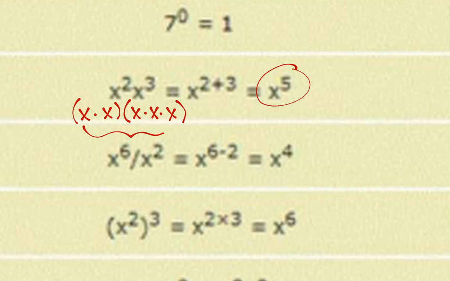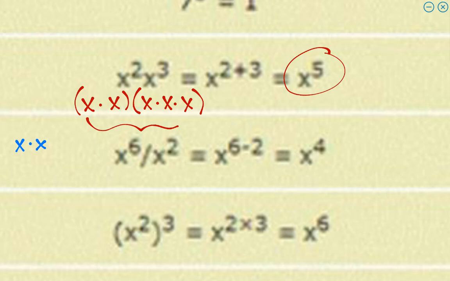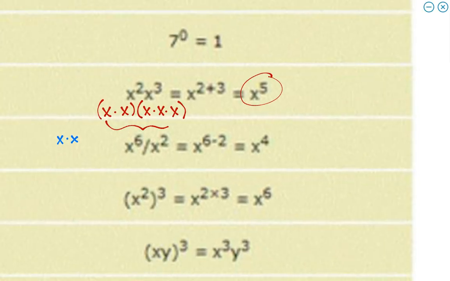In a similar way, you can think about the division. x to the 6, well, you would have to have 6 x's up top. That's x to the 6. You can count them up.